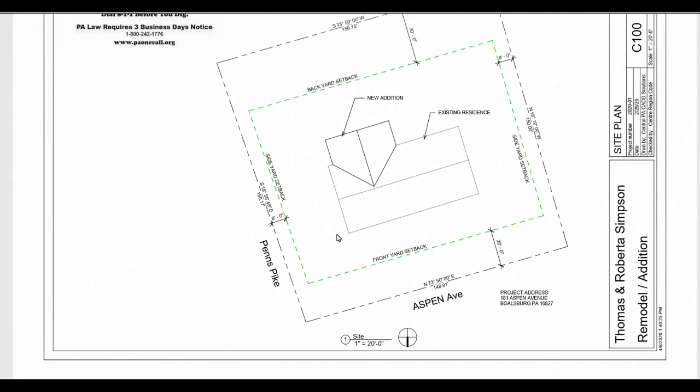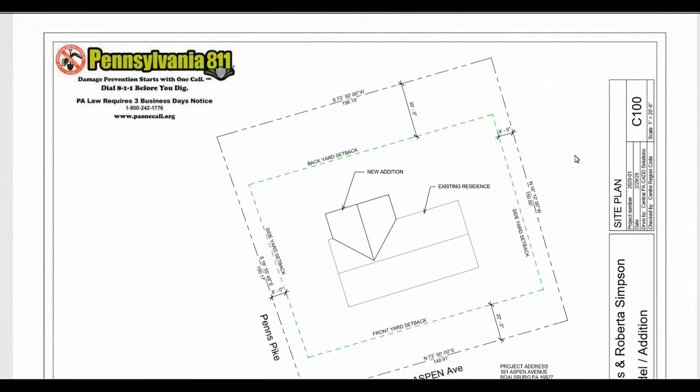Also included in the site plans, you have to have all of the existing and proposed or new buildings. Any structures need to be shown on here. So there's a lot of things that aren't on this site plan that a lot of times would need to be shown. A lot of times you would have driveways being shown.